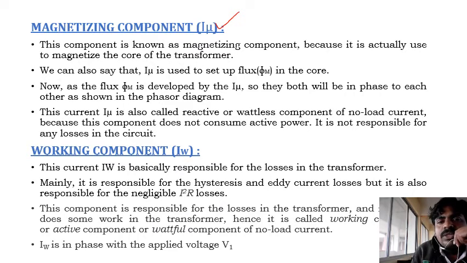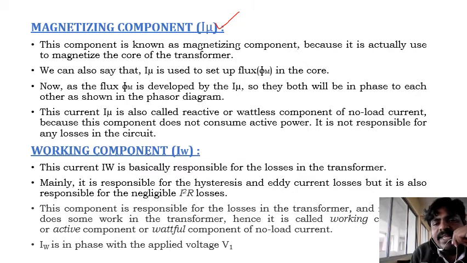We can also say that I mu is used to set up a flux phi m in the core. Whatever mutual flux is set up in the core is influenced by I mu, the magnetizing component of the current.